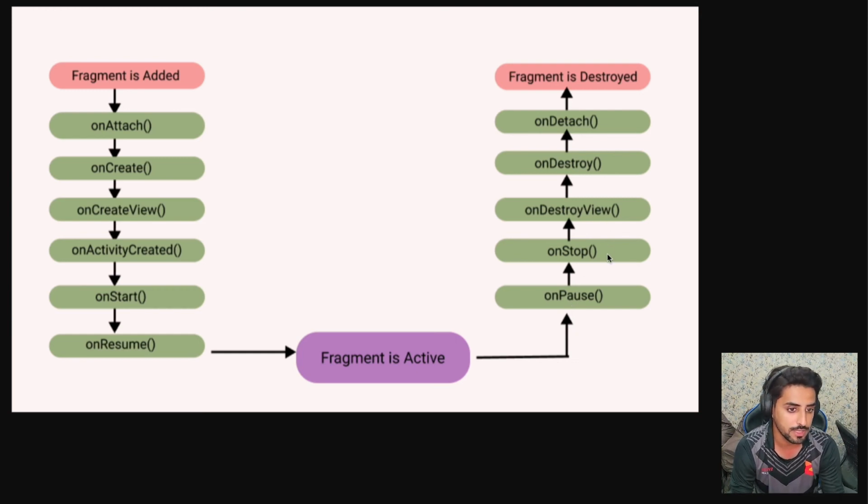The on stop means that the view is not visible right now, and then on destroy view means that the view object that was created will be destroyed, and then the on destroy callback is given where you can basically destroy any component that you created in the on create section. And then on detach is basically detaching the activity from the host reference that has been assigned to that fragment, and then the fragment is destroyed.